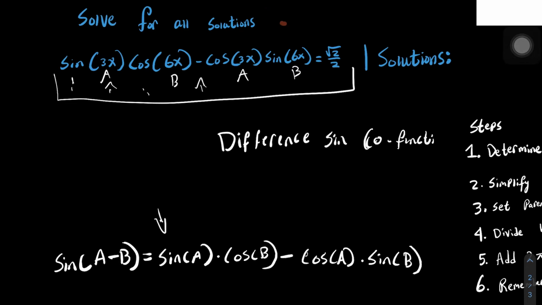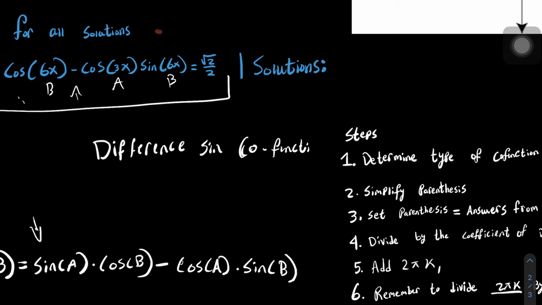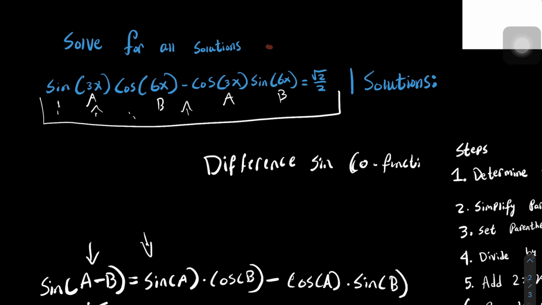Well, now think about it. If our parentheses looks like this, where it's a minus b, and we need to rewrite it for step 2, or simplify the parentheses, we want to have it where it's a minus b, again, since it's a difference formula. So we have sine of our a value, which is 3x, minus our b value, which is 6x. And that is equal to the equation we see up here.